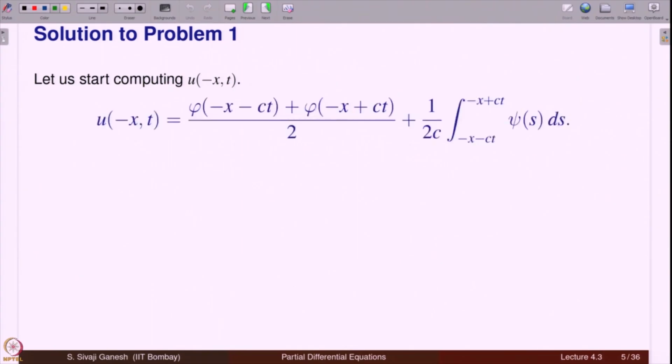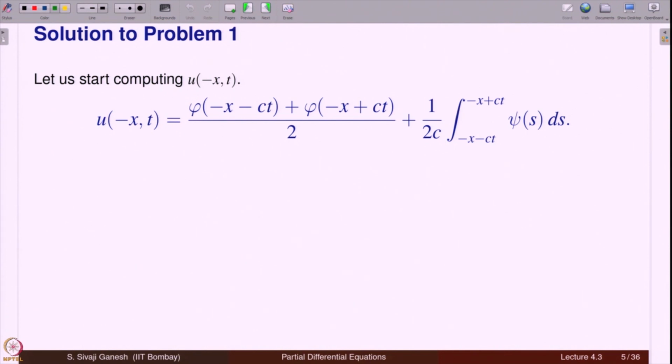So, let us write the formula for u of minus x, t. It is this. Now, we have to use that the functions phi and psi are even functions and show that this expression is indeed equal to u of x, t.